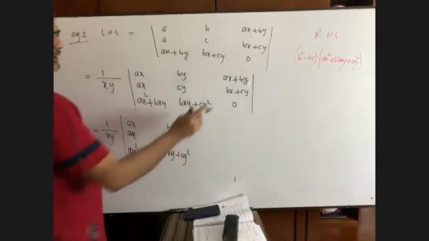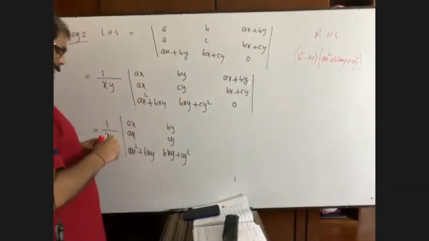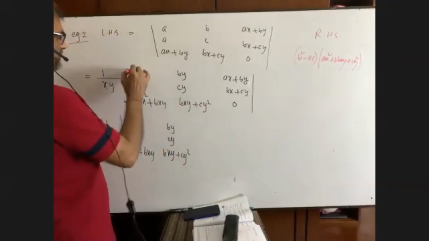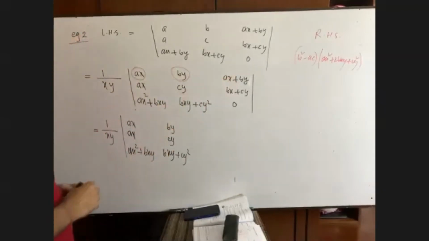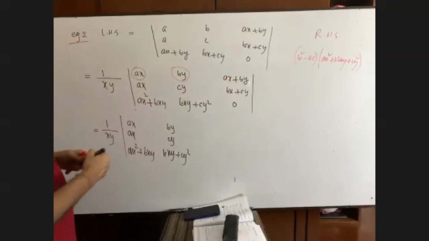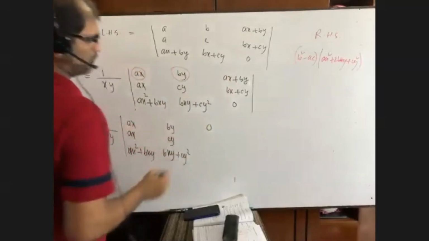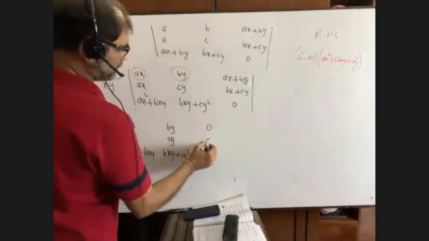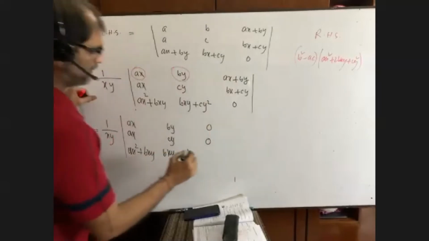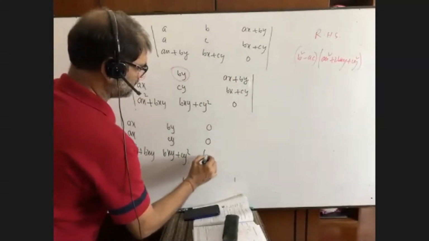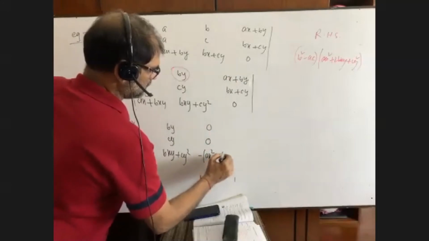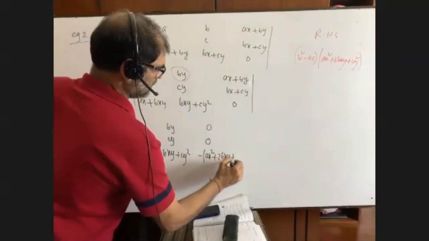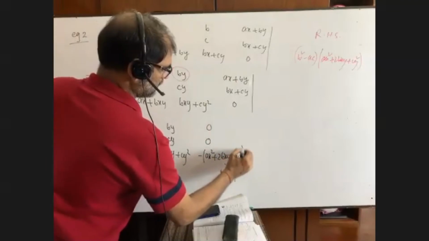Very good. You subtract the sum of this and this from this. If we go for subtracting, we'll get 0 here, and we'll also get 0 here. We will get here minus ax square plus 2bxy plus cy square.